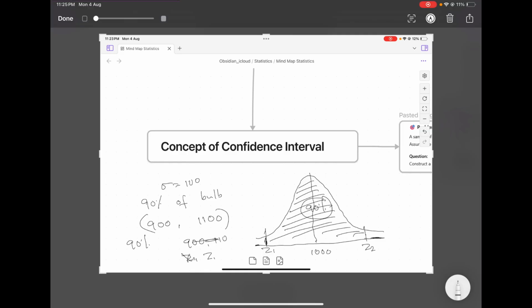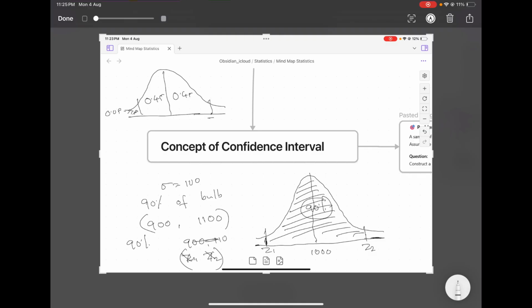Let us call it X1 and X2. How will you find X1 and X2? For that, again, you will use the concept of probability. This is 90%, which means this will be 0.45 and this will be 0.45, and this area will be 0.05.